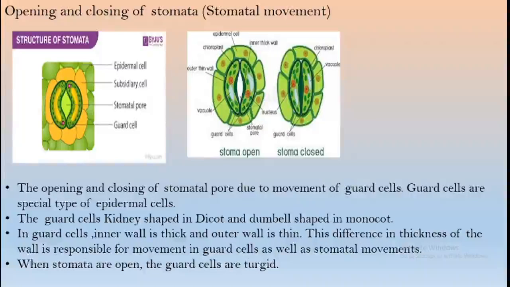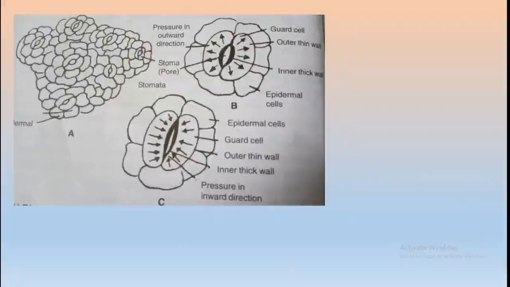When stoma are open, the guard cells are turgid, and when stoma are closed, guard cells are flaccid. Now we see how opening and closing of stomata takes place.